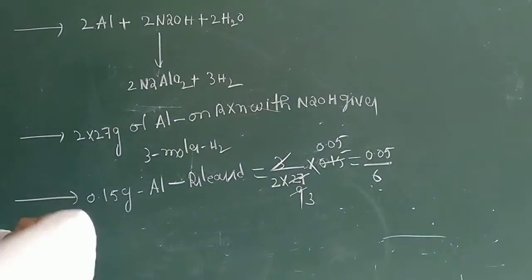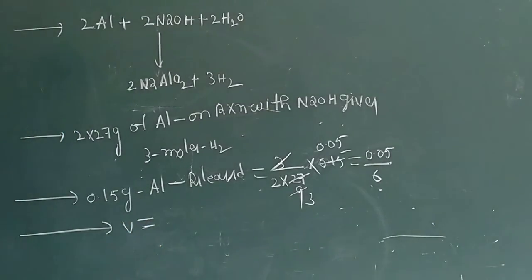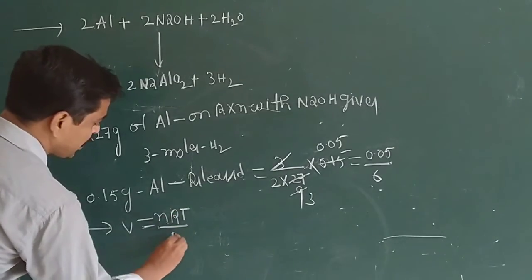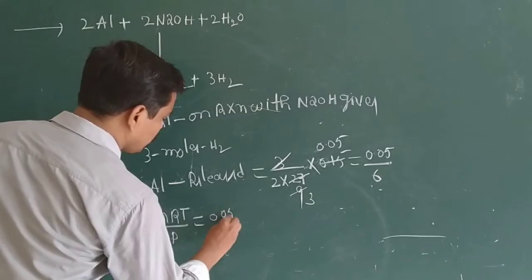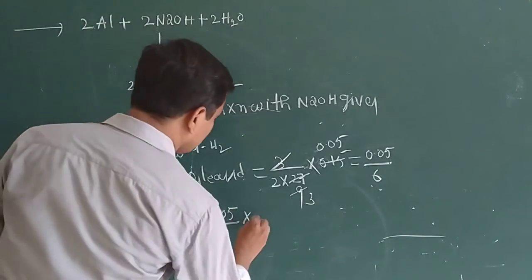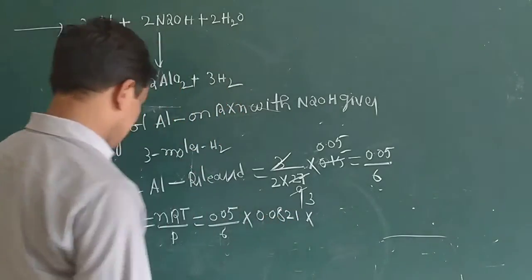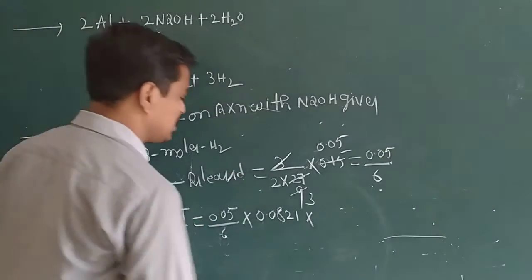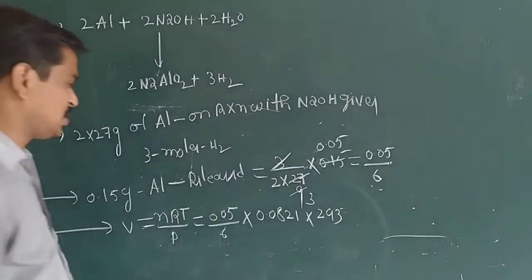If the number of moles is obtained, you have to calculate the volume. You know that PV is equal to nRT, V is equal to n into R into T by P. Number of moles, you know students, 0.05 by 6 into R, 0.0821, into the temperature he gave, 293 kelvins.